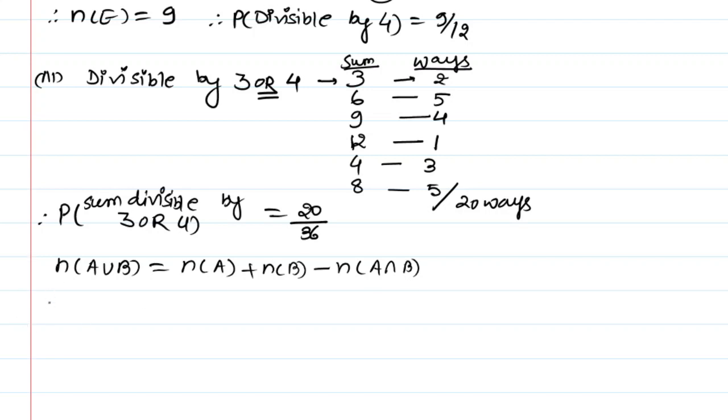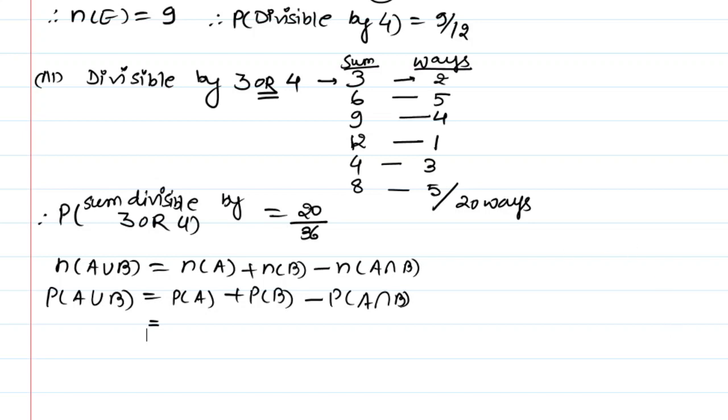Now I can write down in the probability form: P of A union B is equal to P of A plus P of B minus P of A intersection B, where A denotes the sum of the number should be divisible by 3, B denotes the sum of the number should be divisible by 4 only, and A intersection B denotes the sum which is divisible by 3 and 4 both.